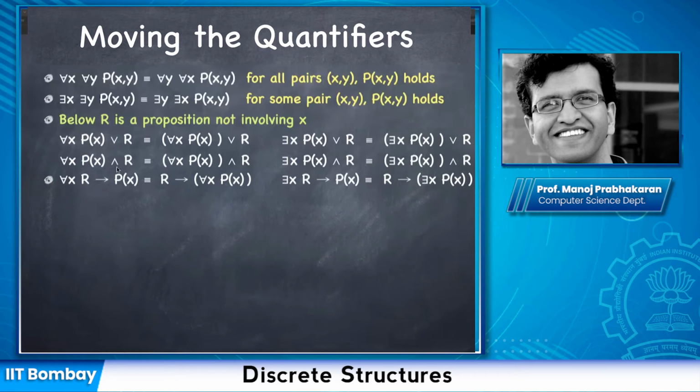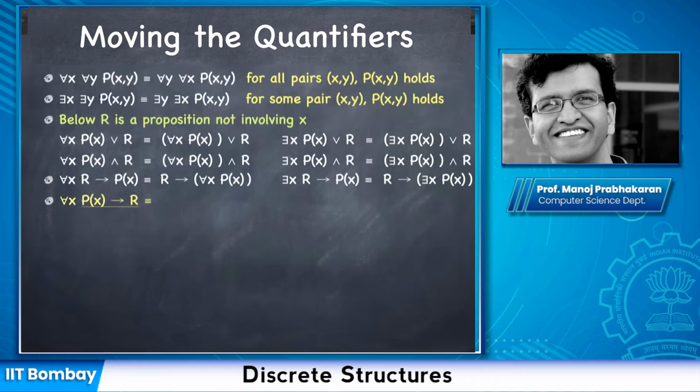But with using not R instead of R and using this expression, you get this is equivalent to not R or for all x Px, and that is the same as saying R implies for all x Px, right? So this equivalence again, nothing delicate going on here. You can just take this R implies outside of the quantified expression and everything works. And similarly, it works for there exists also. Okay, you can verify yourself.